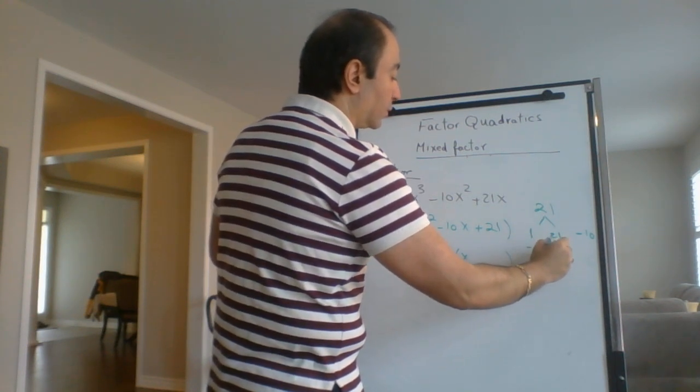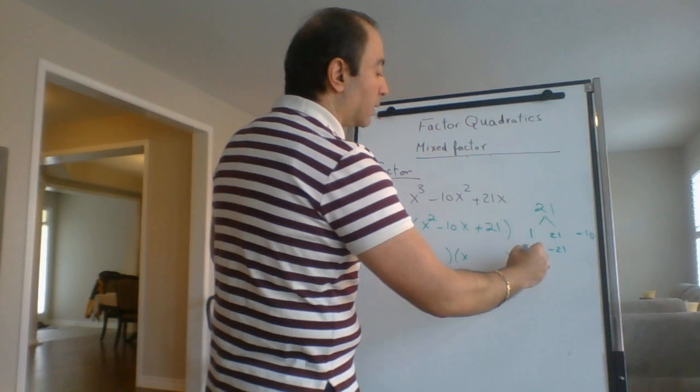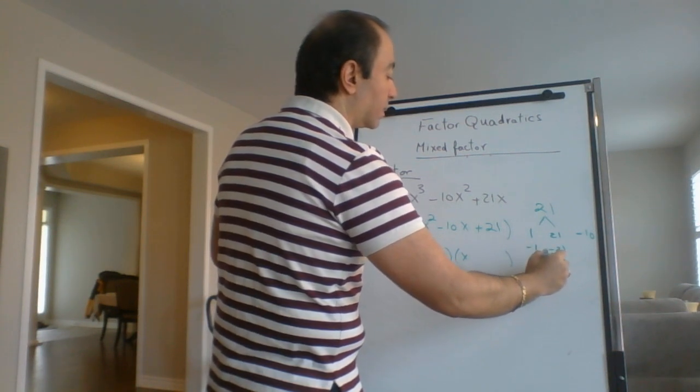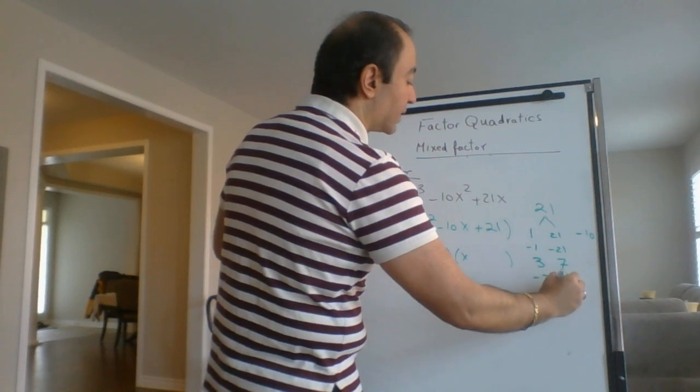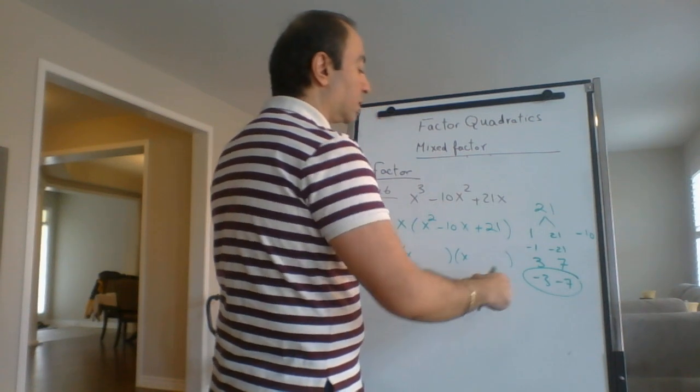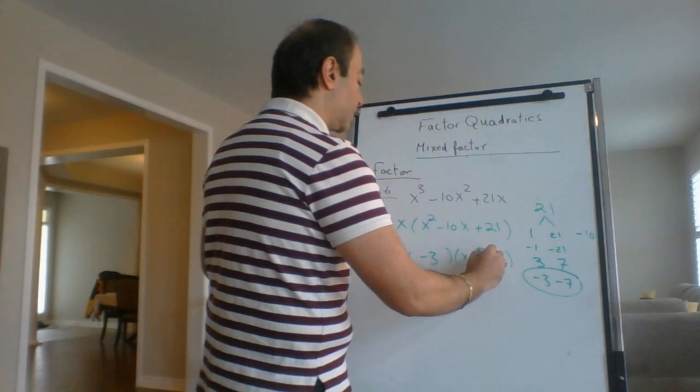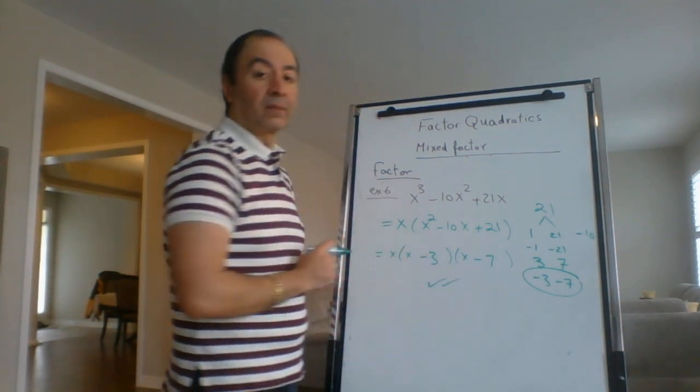Negative 1 and negative 21 also. 3 times 7, that's positive 10, not negative 10. Negative 3 and negative 7, yes, this is what we want. So negative 3, negative 7, and we are done.